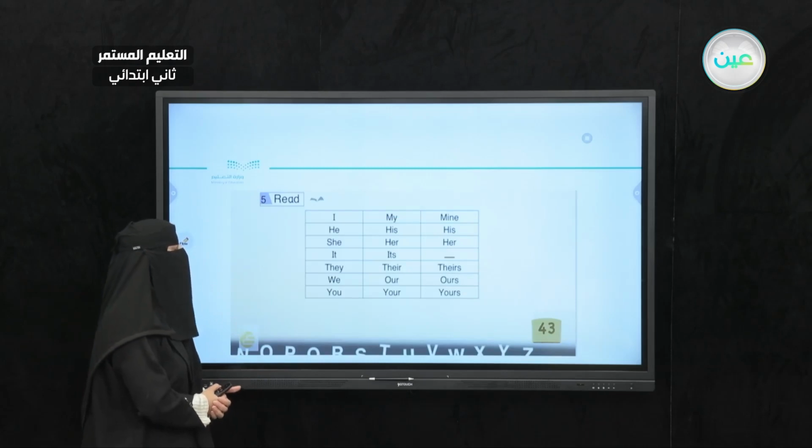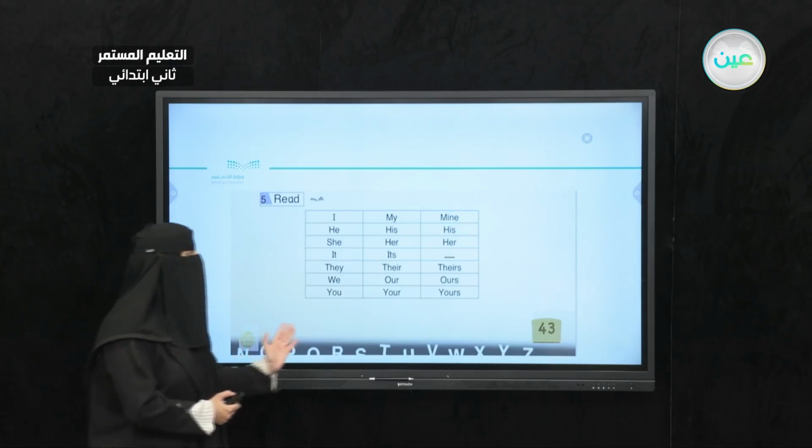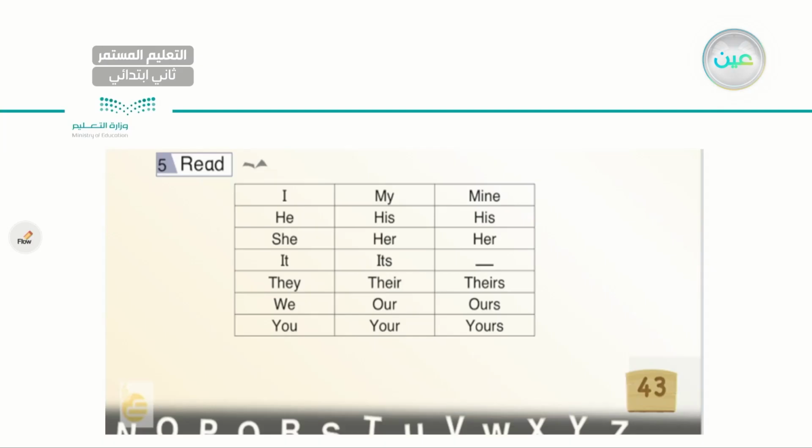Now, this is for the lower and the last part. Here I have the personal pronouns, the subject pronouns. Let's read together. I, he, she, it, they, we, you. Remember, my dear student, they are followed by a verb. In the middle: my, his, her, its, their, our, your. They are followed by a noun. And for the last one, mine, his, hers, theirs, ours, yours, and we don't need to write anything after them.